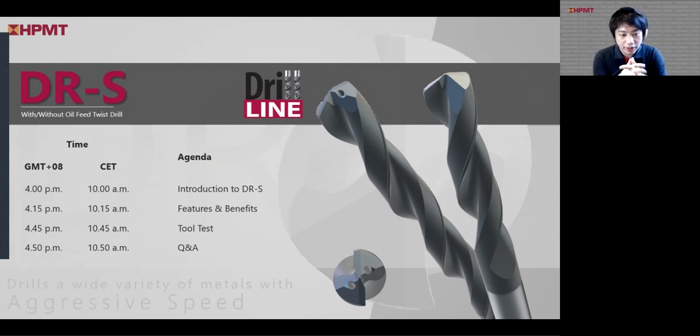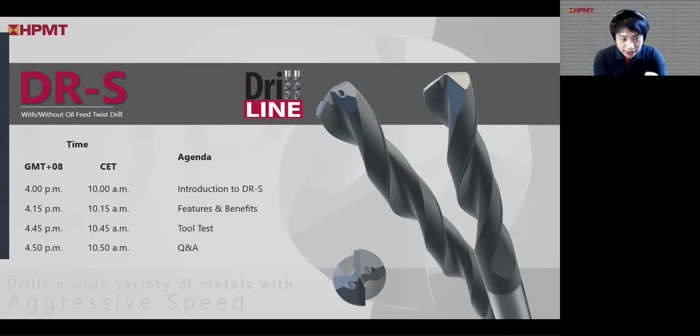Then we will have our technical engineer spend some time talking about the key features and benefits that make the DRS tick, followed by benchmarking for DRS in terms of the tool tests, where we'll be showcasing the tool test in 3 different environments. The first is DRS for the multi-material, for those of you looking for specific ISO grades.